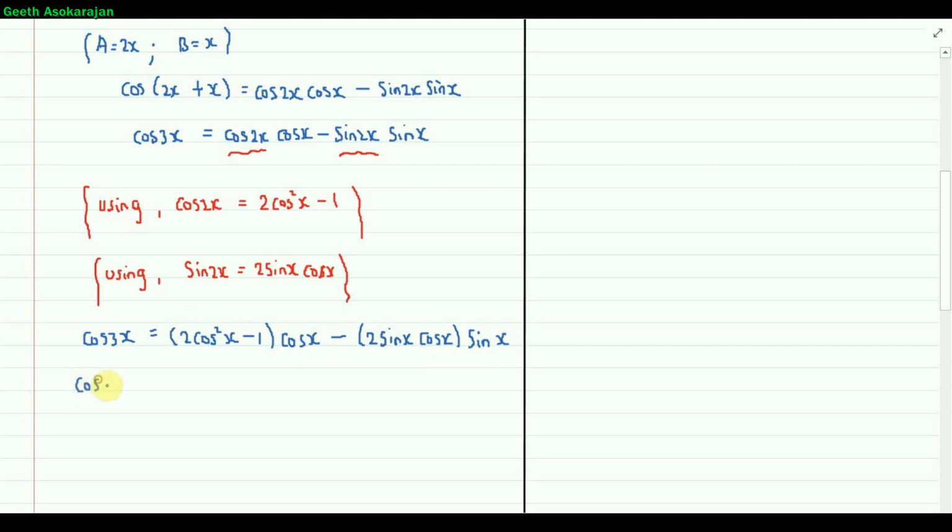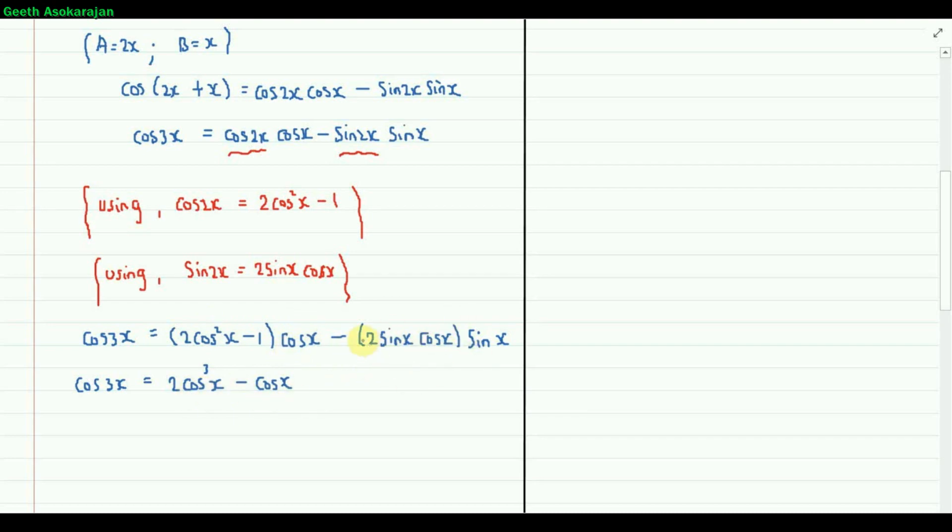Now let's go one stage more. Let's multiply brackets. 2 cos squared x times another cos x is 2 cos cubed x, minus 1 times cos x is minus cos x. So I've multiplied this bracket by cos x to give me these terms here.